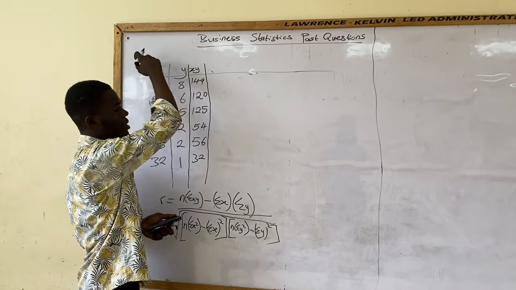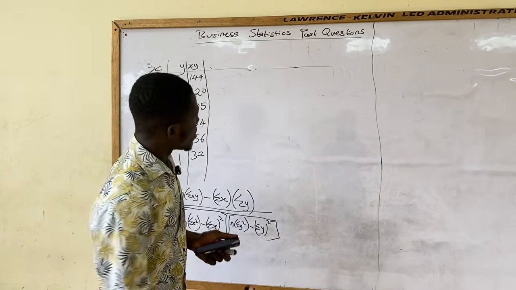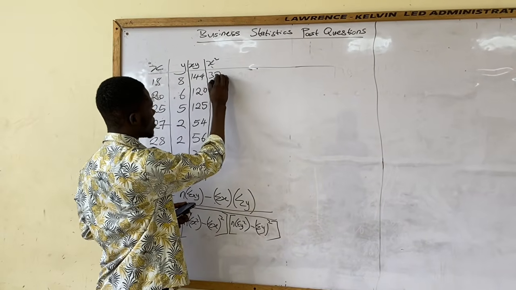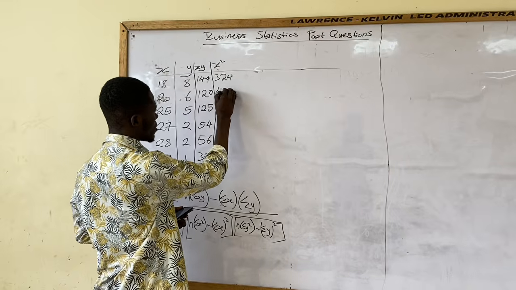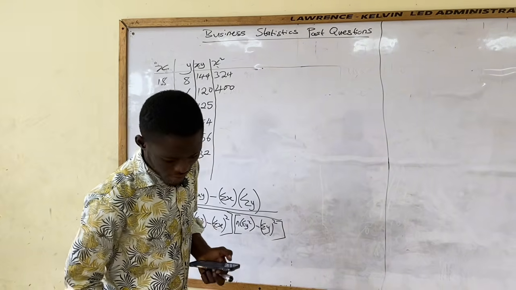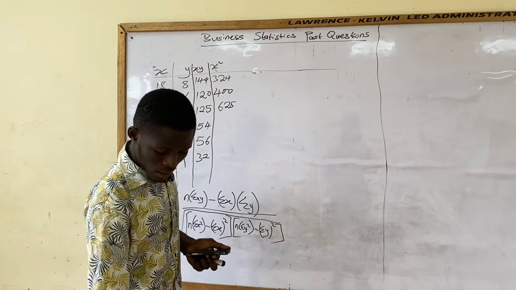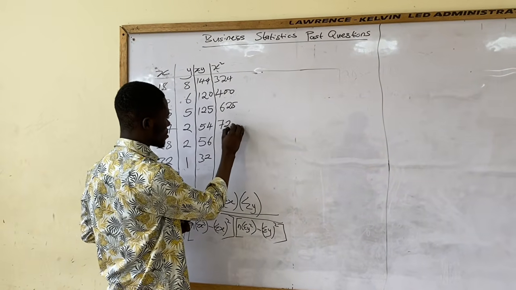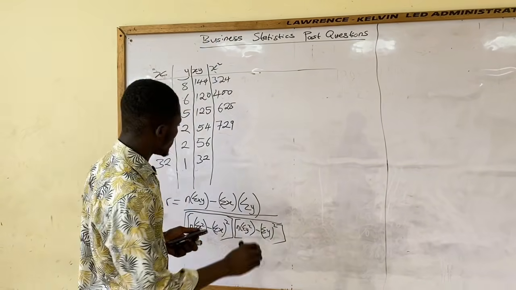We are going to square each of the x values. 18 squared will give us 324. 20 squared will give us 400. 25 squared will give us 625. 27 squared will give us 729. 28 squared will give us 784.